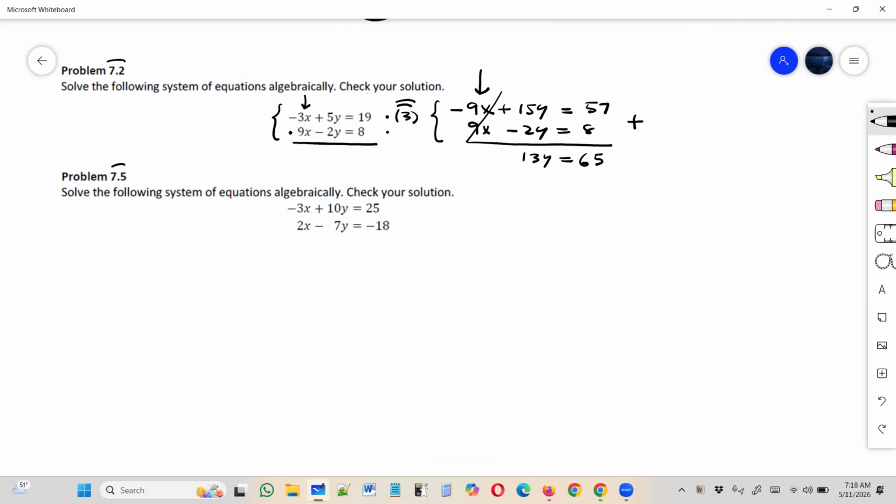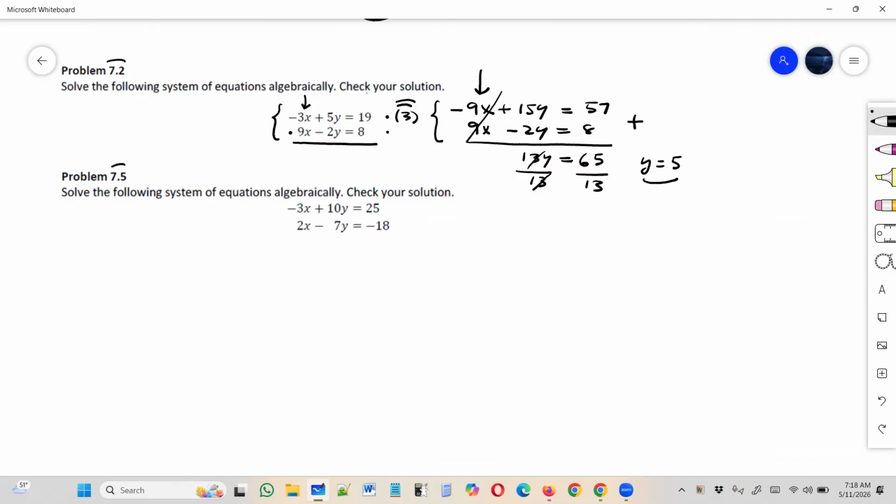I have a very simple equation to solve. I'm going to divide everything by 13, and I'm going to get y equals 5. So the addition method is extremely fast, and usually, after you multiply one equation or the other, the answer comes out very, very fast.